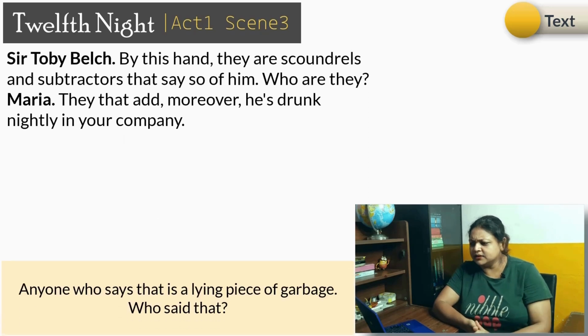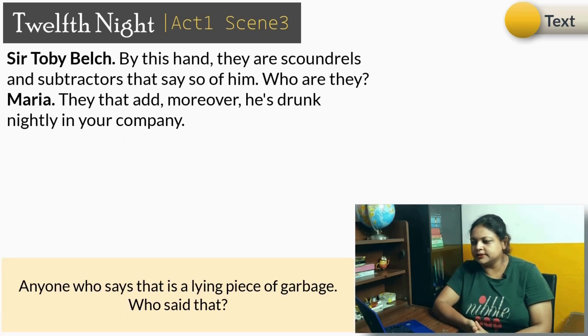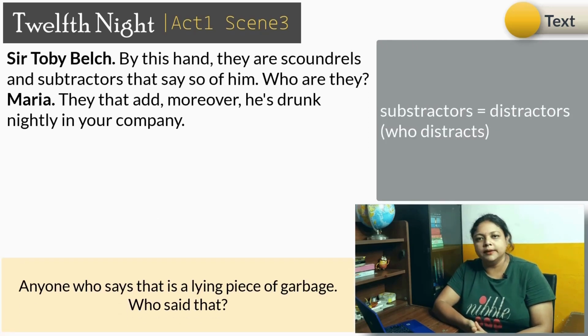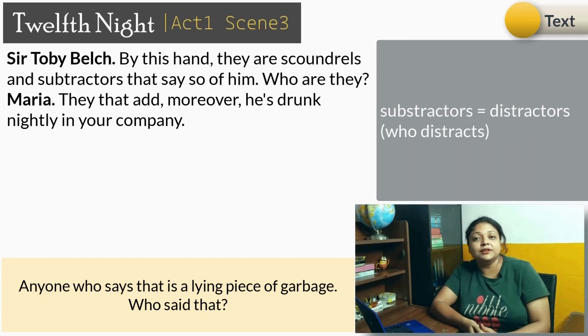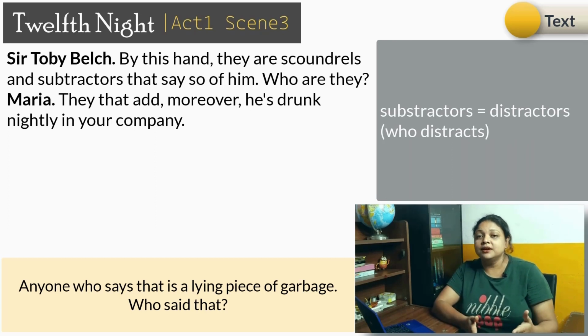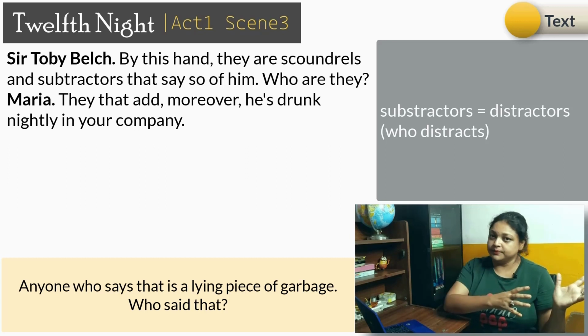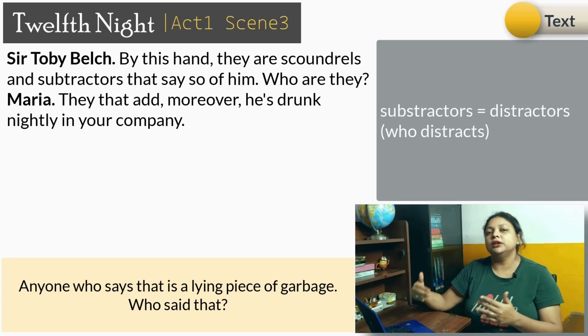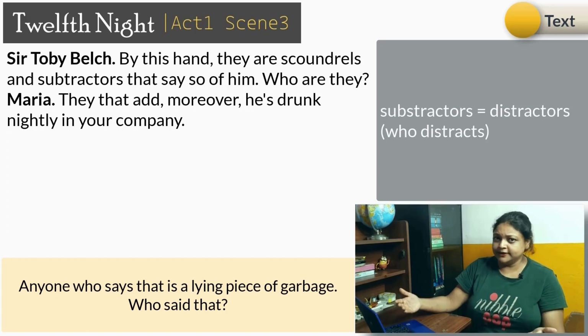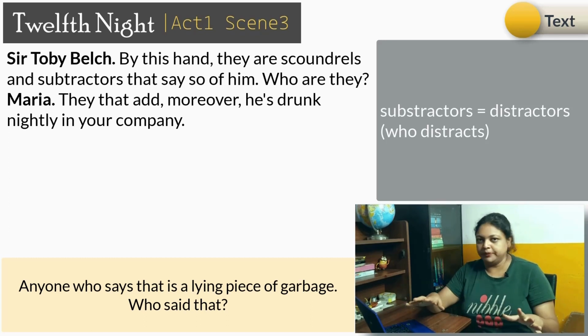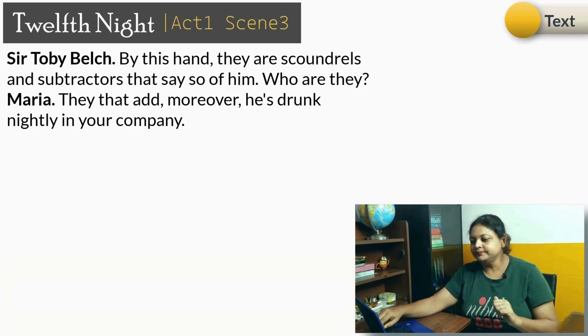By this hand they are scoundrels and subtractors that say so of him. Who are they? When Toby is using the word subtractors, he actually means distractors. People who speak to distract you away from something. So he is saying that those people whom you are calling wise men, they are not good people. They are distracting you from truth. Who are these people?